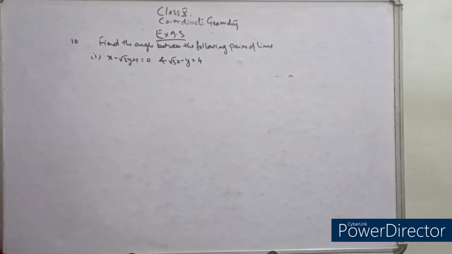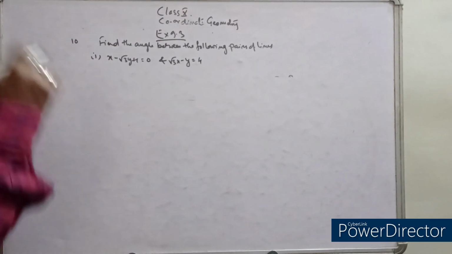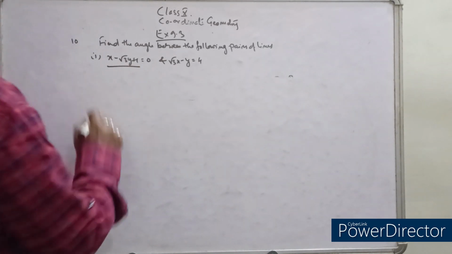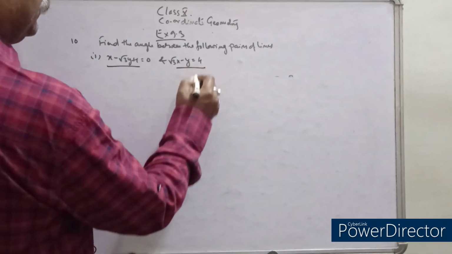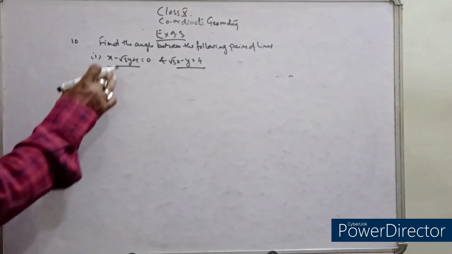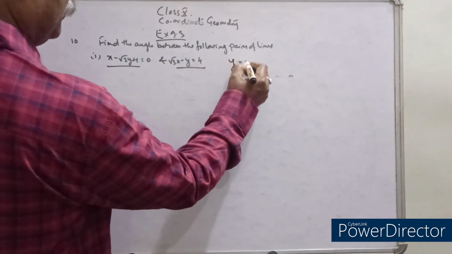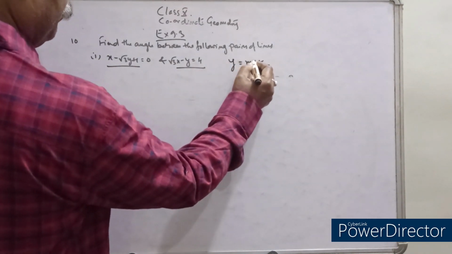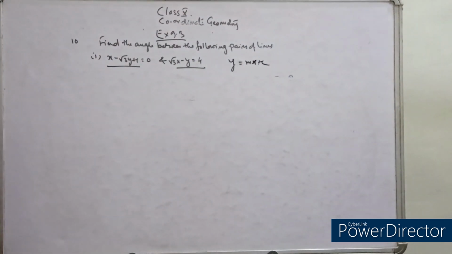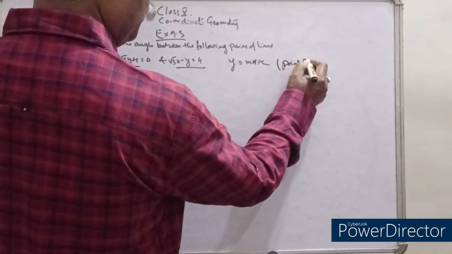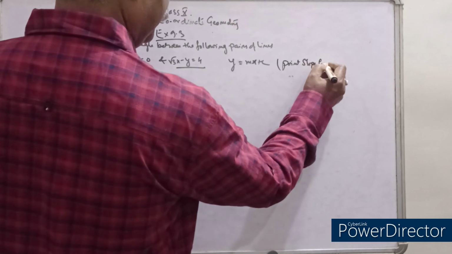So the first is to solve it. First of all, you must know what the slope of this line is and what the slope of the other line is. To find the slope of this line, we will convert it into the form y is equal to mx plus c, that is, the point slope form.